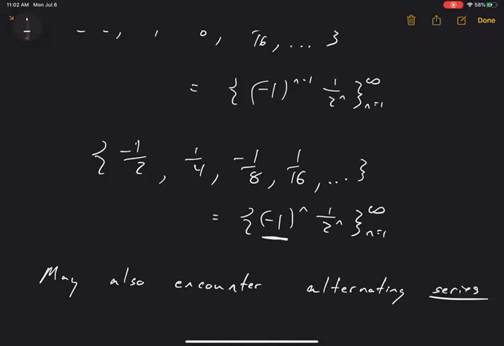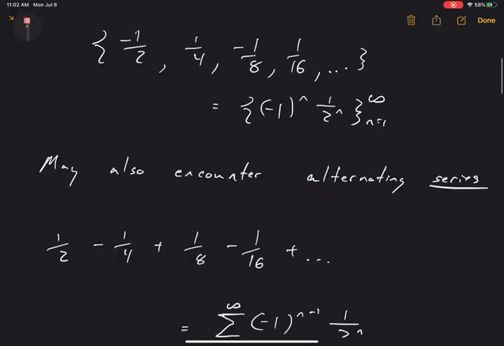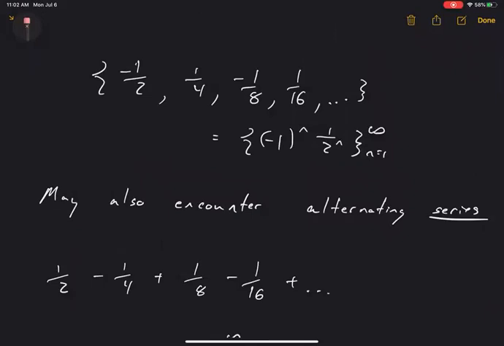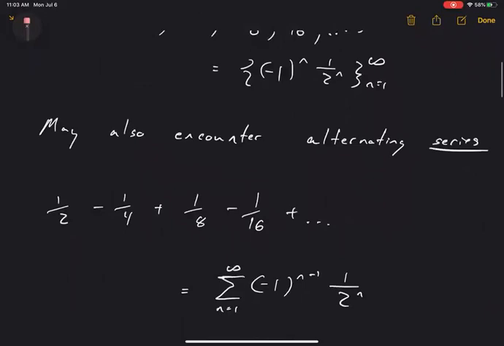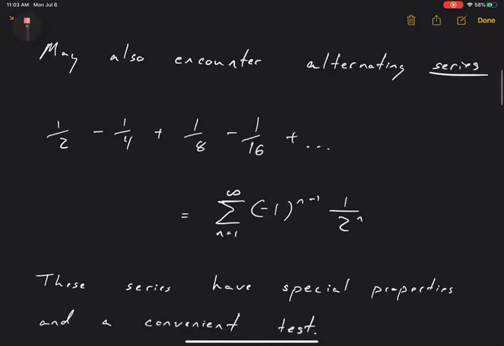Okay. So just like we can have alternating sequences, we can have alternating series. So what does a series look like? That's when we're adding up these things with alternating signs, alternating between positive, negative. So maybe I have 1/2 minus 1/4 plus 1/8 minus 1/16, and so on.